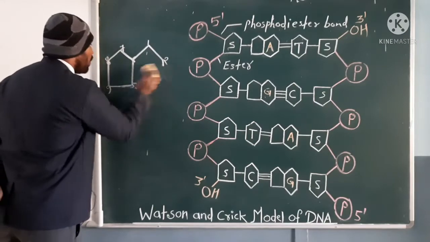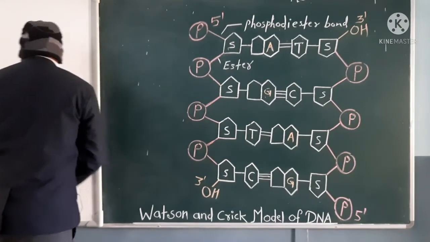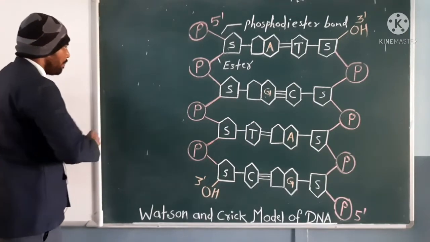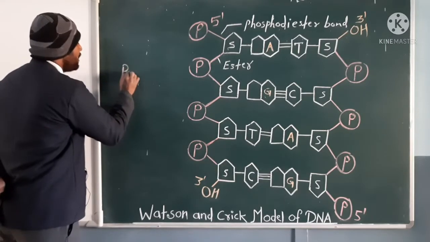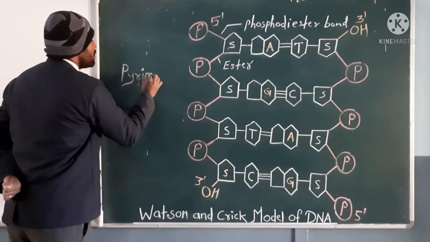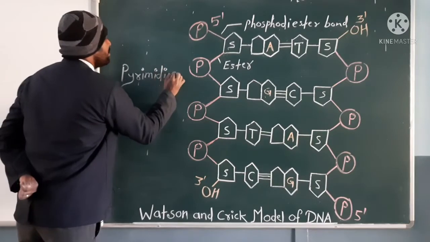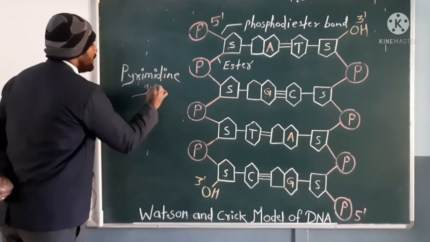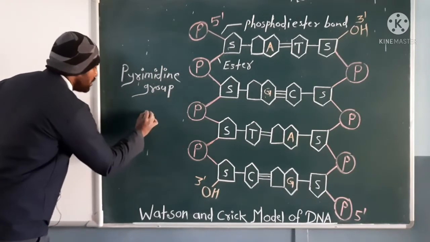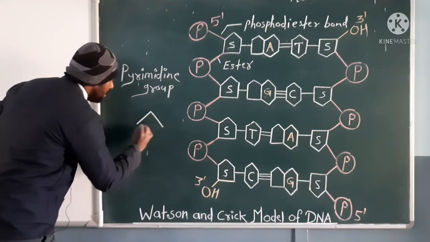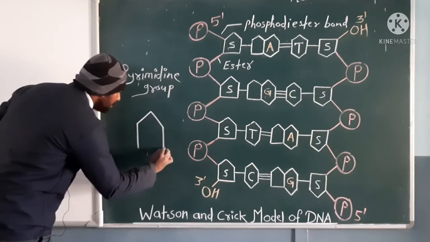Next we talk about, beta, the pyrimidine group. When we talk about the pyrimidine group, only a single ring structure is seen in the pyrimidine nitrogenous bases group.